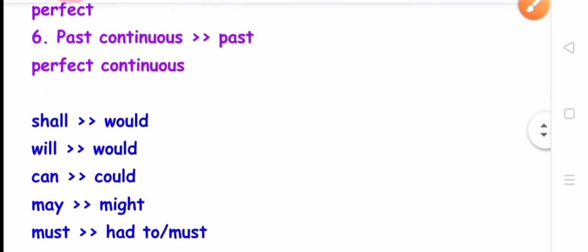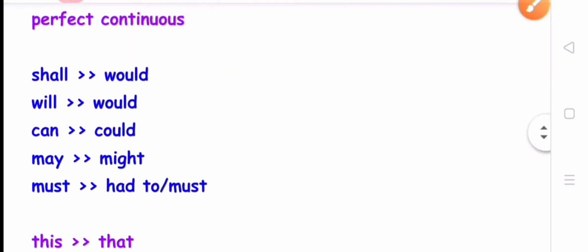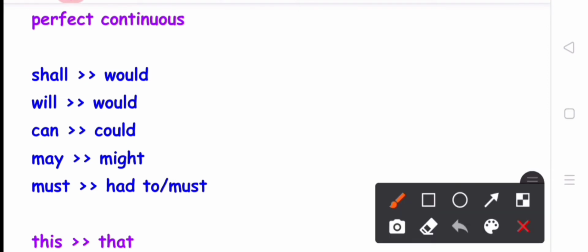Now there are some other changes. All these are very familiar to you. But one thing: when we need to change shall into past tense, we must use would, not should, because should means a compulsion. It refers to something mandatory or obligatory. So shall will be changed into would, not should.